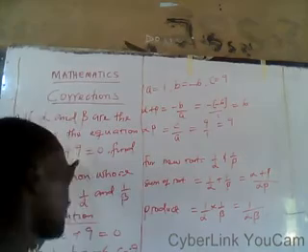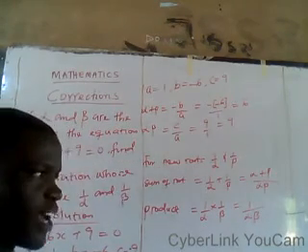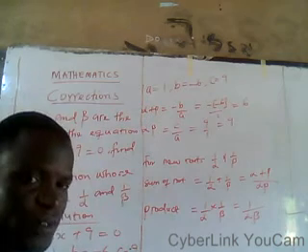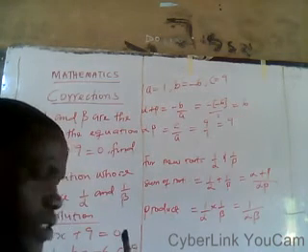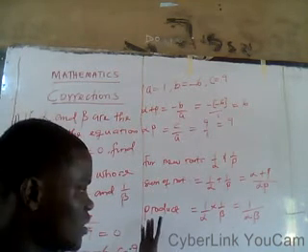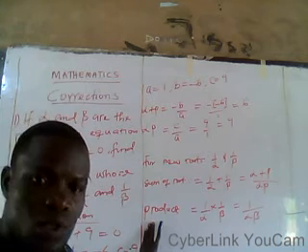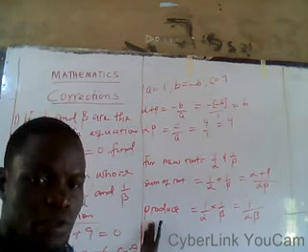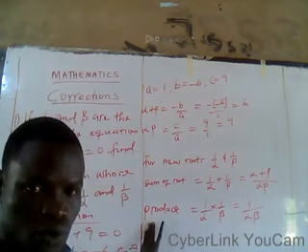What's the next thing now? We are asked to find the equation, and we all know from the derivation of the formula, I told you that the correct equation is x squared minus sum of roots x plus product of roots equals 0.